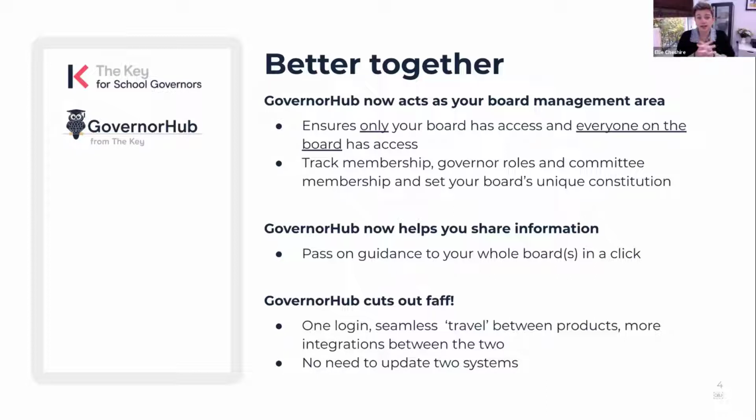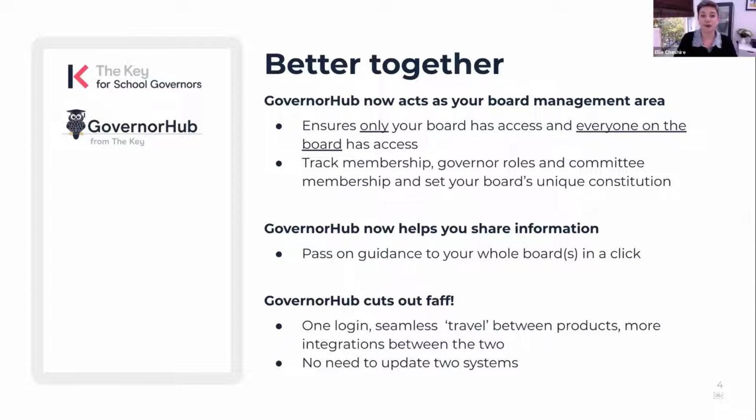It is a hub where your governors sit and where all your board management can happen. Great stuff security-wise, clerks in the room, ensures that only your board has access to these products, and you know that everybody on your board has access.